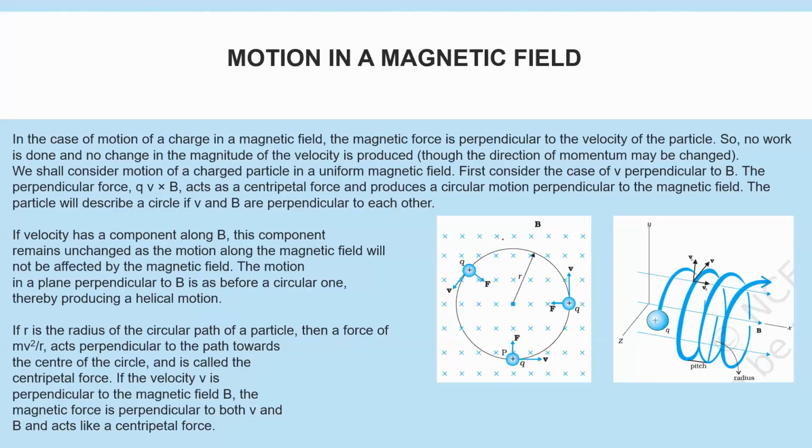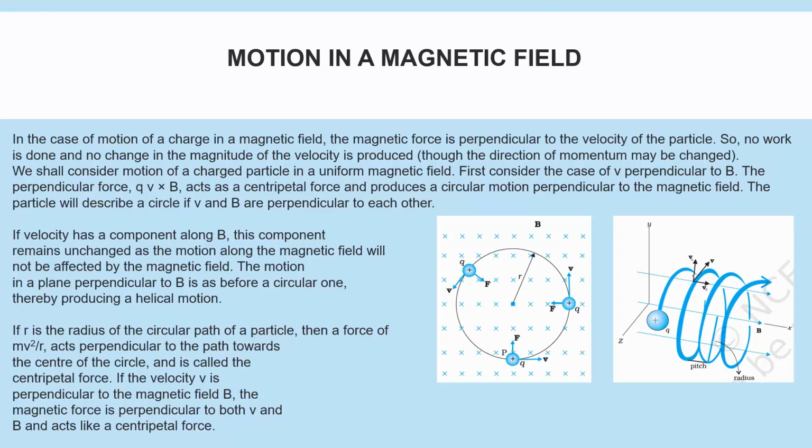The charged particle describes a circular path, a circular motion. Since V is perpendicular to B, if there is a component of V which is parallel to B, along the direction of the magnetic field, this will remain unchanged.